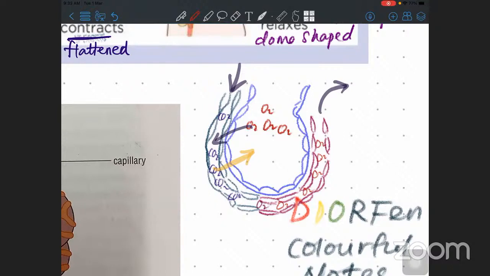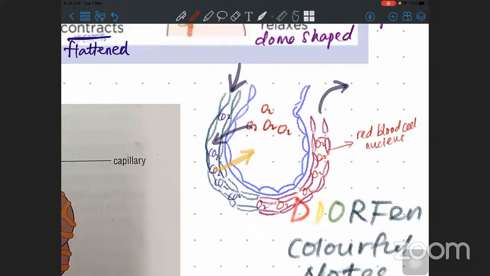This O2 is not floating in the capillary, but actually this O2 will be transported by the red blood cell. Red blood cell has a special adaptation, which is that they don't have the nucleus, so that they can have the maximum capacity to transport the oxygen.